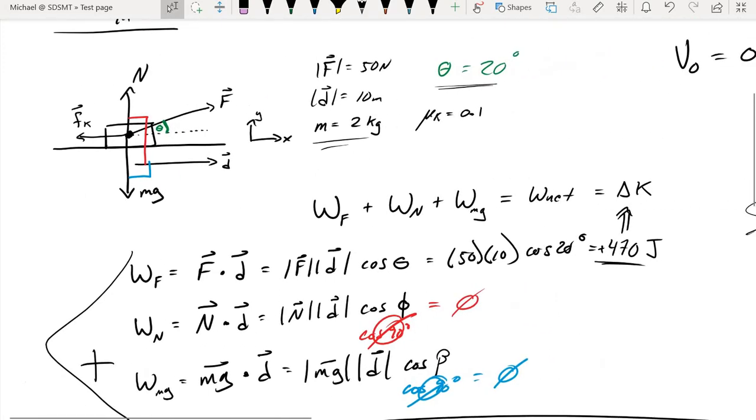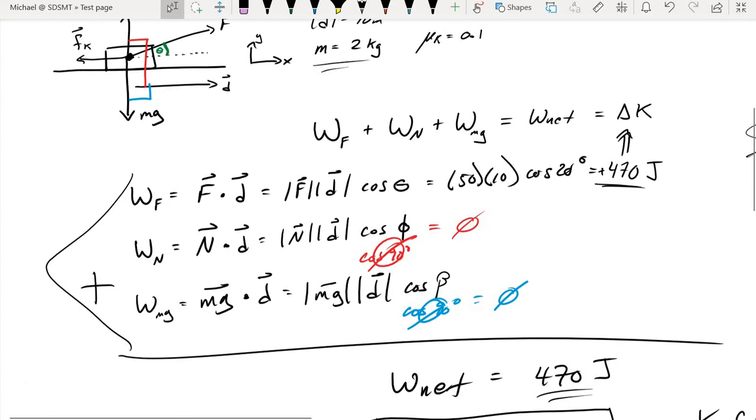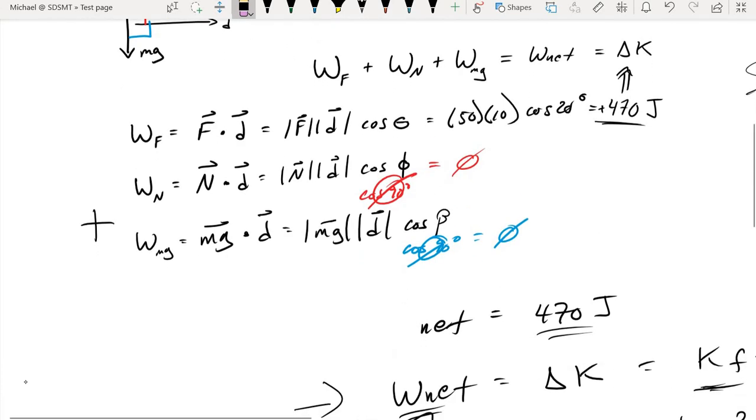As for all of the other forces in the system, well, we don't have to recalculate the work that is being done by the applied force, or the normal force, or the weight. We've already done that. The only thing that we have to do is include any work that was done by the friction force.